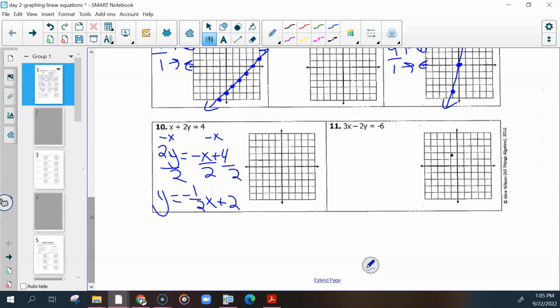So the hardest part about this is you may have to convert it first before you wrap it up. So then our y-intercept would be 2, our slope is negative. So we can go up 1 to the left 2 as many times as possible, down 1 to the right 2 as many times as possible.